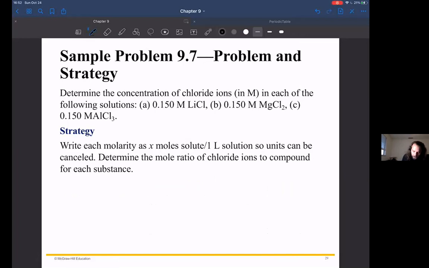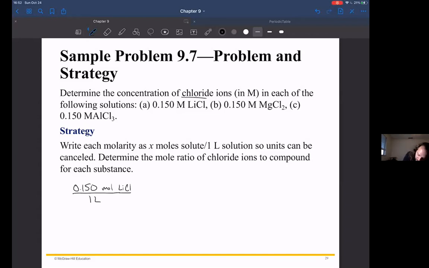1.150 moles per liter of lithium chloride. 1.150 moles in 1 liter, and this is of lithium chloride, okay? If I want to know the concentration of each ion, oh, it says of chloride ions, sorry.